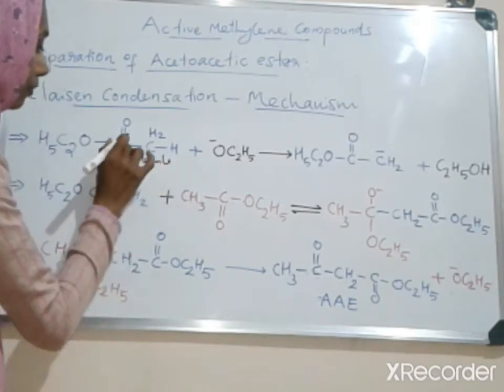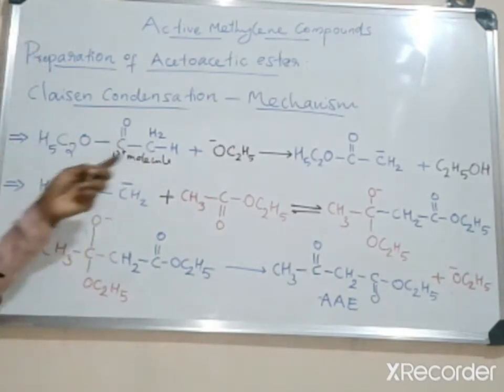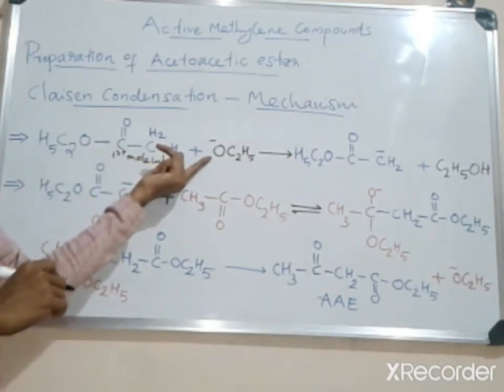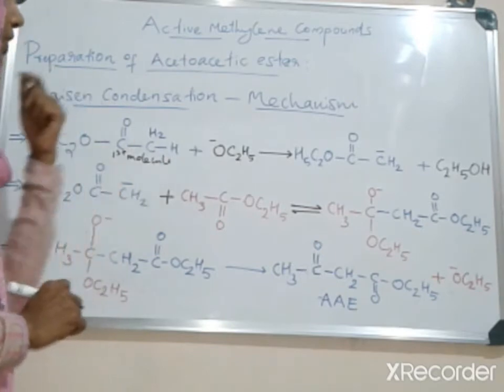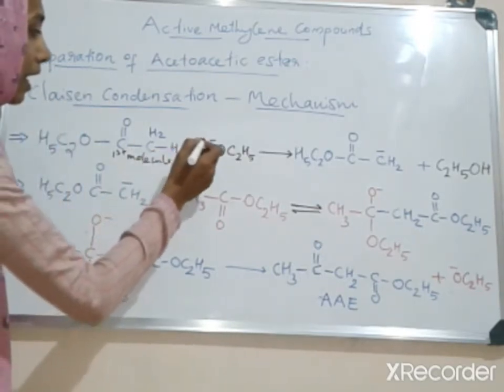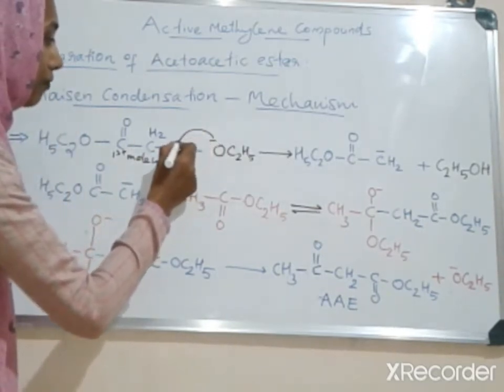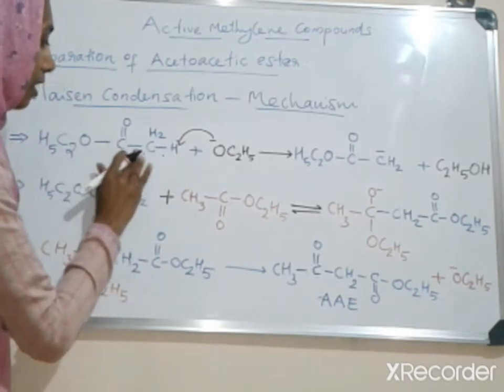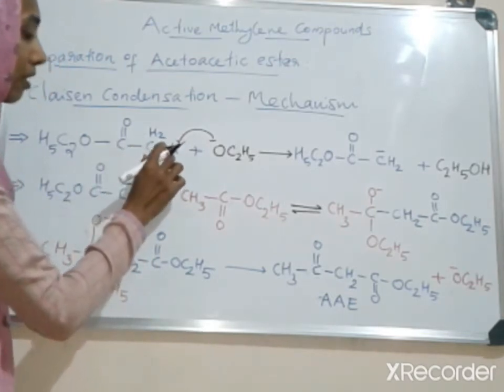The first molecule of ethyl acetate reacts with the base, O minus C2H5, the ethoxide ion. This base abstracts the alpha hydrogen. This is the alpha carbon atom, this is the alpha hydrogen.